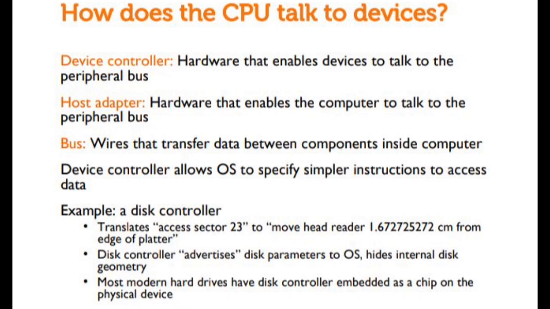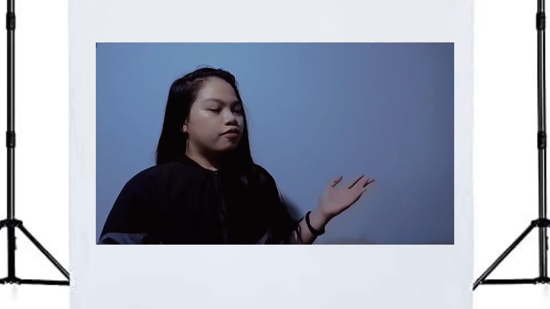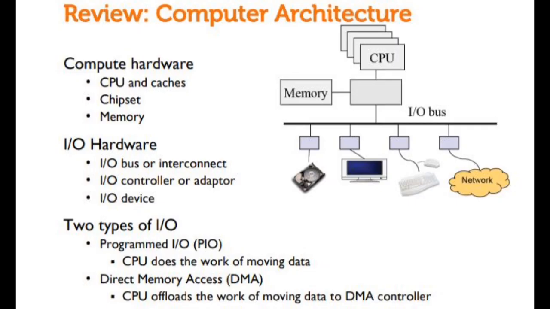Here are the examples. And for computer architectures, these are the examples. For computer hardware, there are three: the CPU and cache, chipset and memories, and I/O hardware. Under the I/O hardware are the I/O bus or interconnect, I/O controller or adapter, and I/O devices.